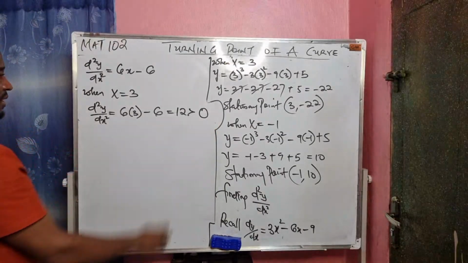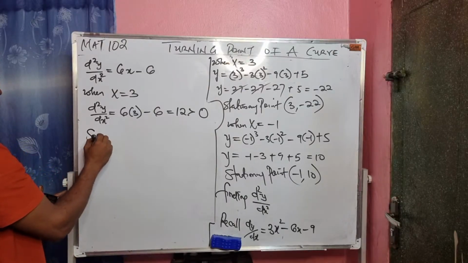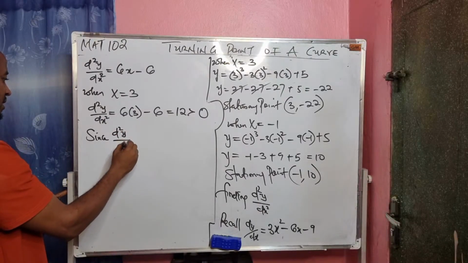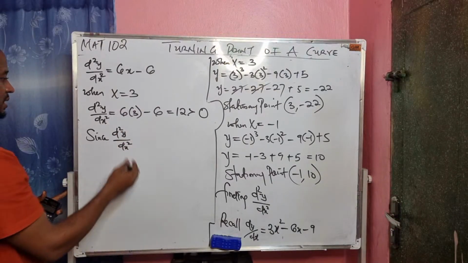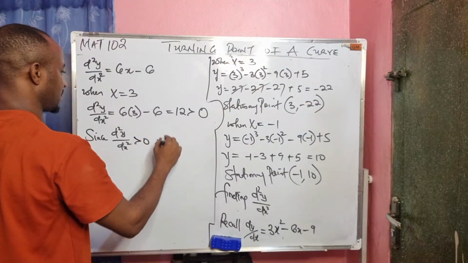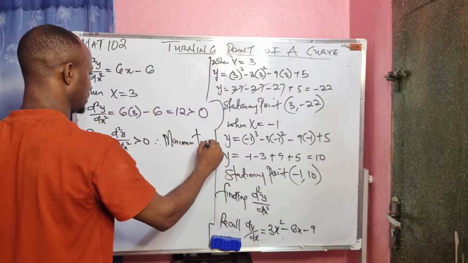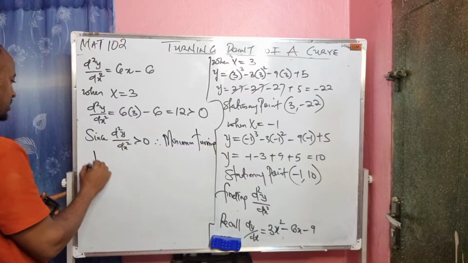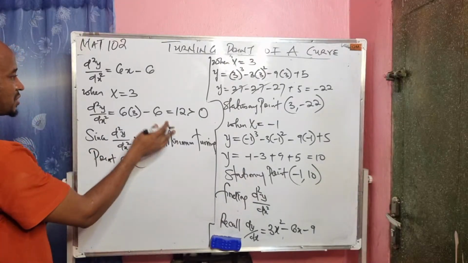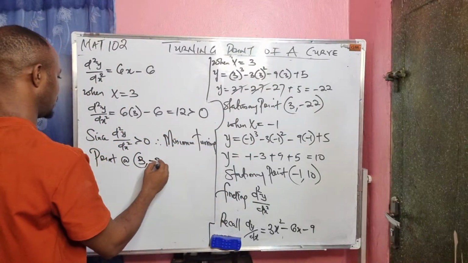Okay, I hope you are aware that 12 is greater than 0. Since the second derivative, d²y/dx², is greater than 0, we have the minimum turning point at when x is equal to 3, y is minus 22.